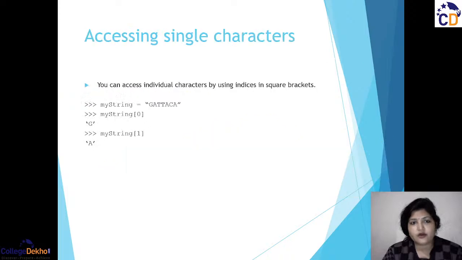So if I ask for the variable name with index 0, it would represent the first character, that is G. If it is 1, that would be A. This is how we can access single characters within the string. So you can access the individual characters by using indices.